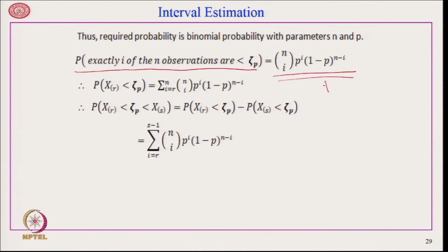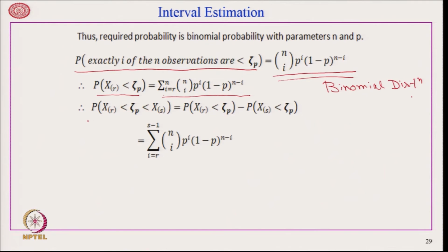This comes from the binomial distribution. Therefore, the probability that X(r) is less than zeta p is the sum over i from r to n of nCi p to the power i (1 minus p) to the power n minus i.